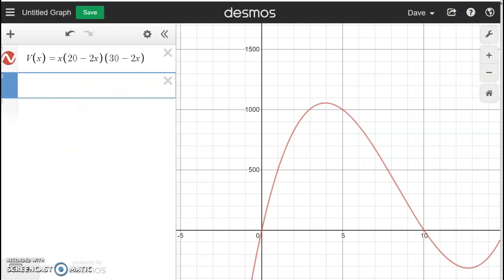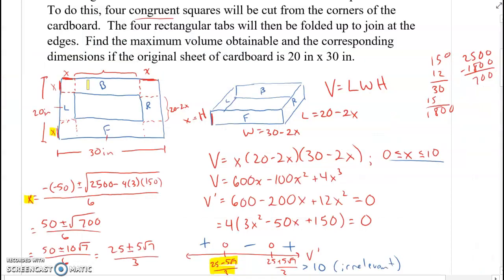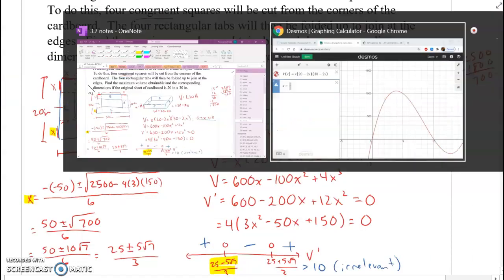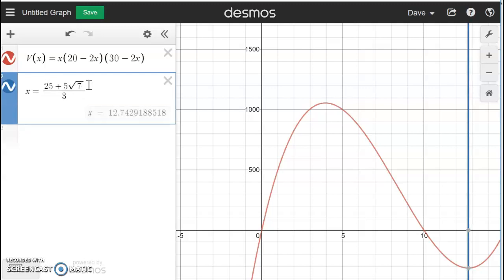And indeed, if we look at the graph of this volume function, scaled so that we can see the interesting parts, we can see that when x equals, I forget what our answers were actually, 25 plus 5 root 7 over 3, we get that point over there, that's a local minimum.